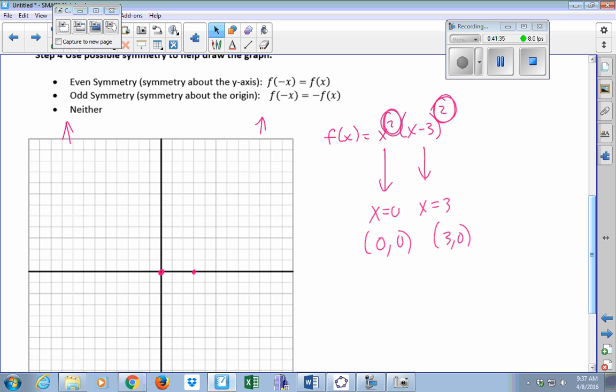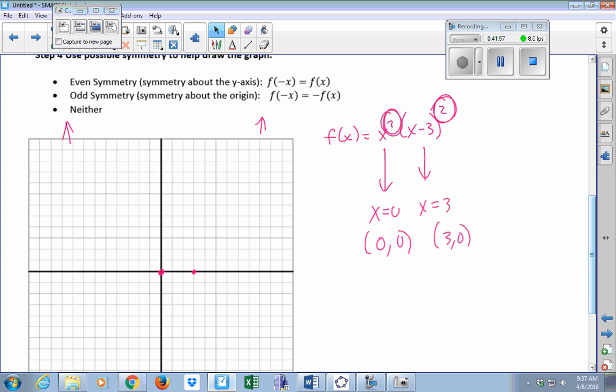The multiplicity of this factor is 2, and the multiplicity of that factor is 2. Just think in your mind about a parabola. Just think of x squared. It just touches at each of those points. It doesn't cross. Just gives it a little peck on the cheek and continues on its way. That's all you have to remember.